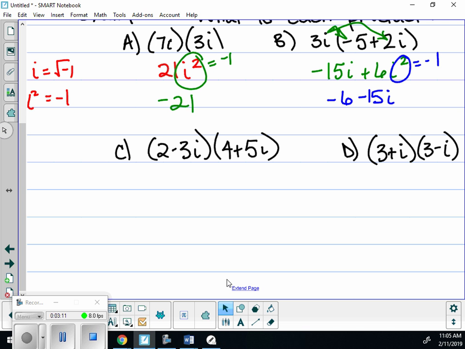In C, we're going to distribute by foiling, basically. First with first. So 2 times 4 is just 8. Outers. 2 times 5i is 10i.